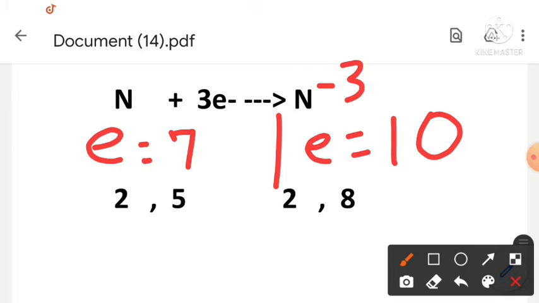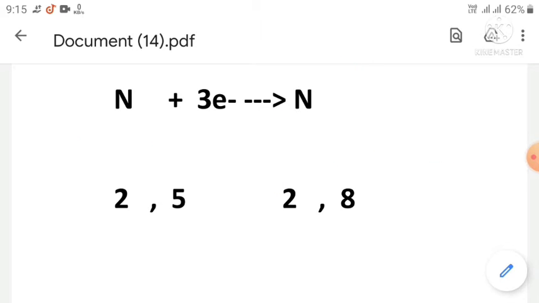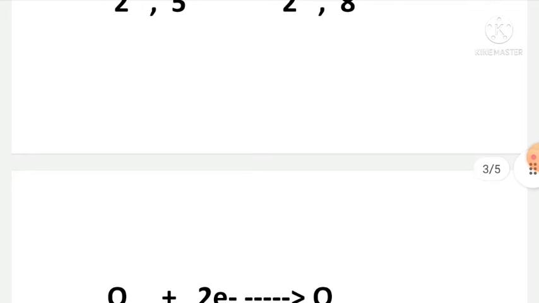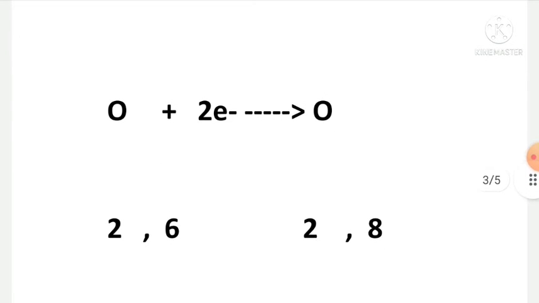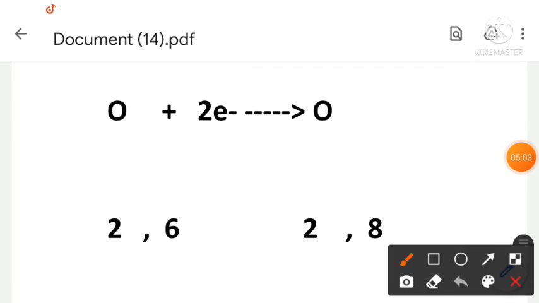In this way we easily obtain non-metal by gaining outermost electrons from other elements. Now we see the next example, oxygen.